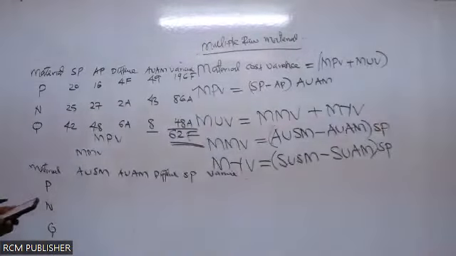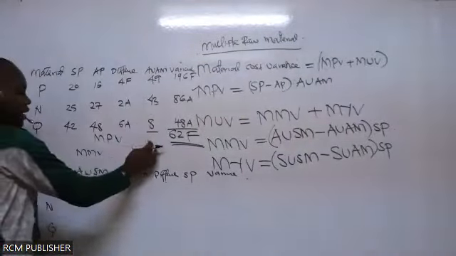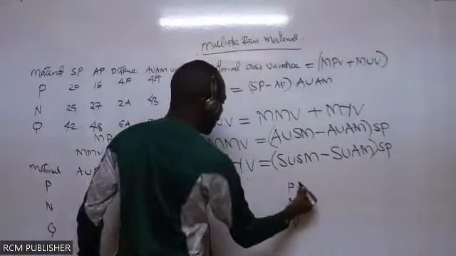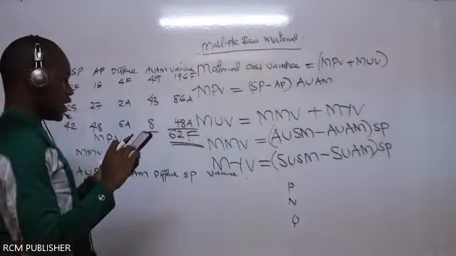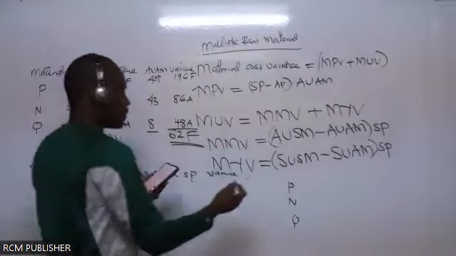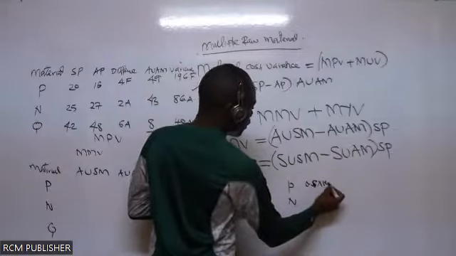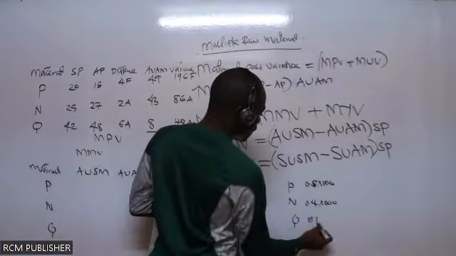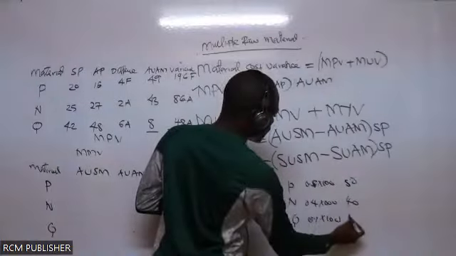What is the total? The total here is 100. If I add all this, I'm going to get 100. So P, N, Q are supposed to share 100 in what proportion? In the ratio that is given in the question. So they're going to share that in the proportion of 50. So this one here will be 0.5 by 100, 0.4 by 100, 0.1 by 100, which is 10%. That gives 50, 40, 10.